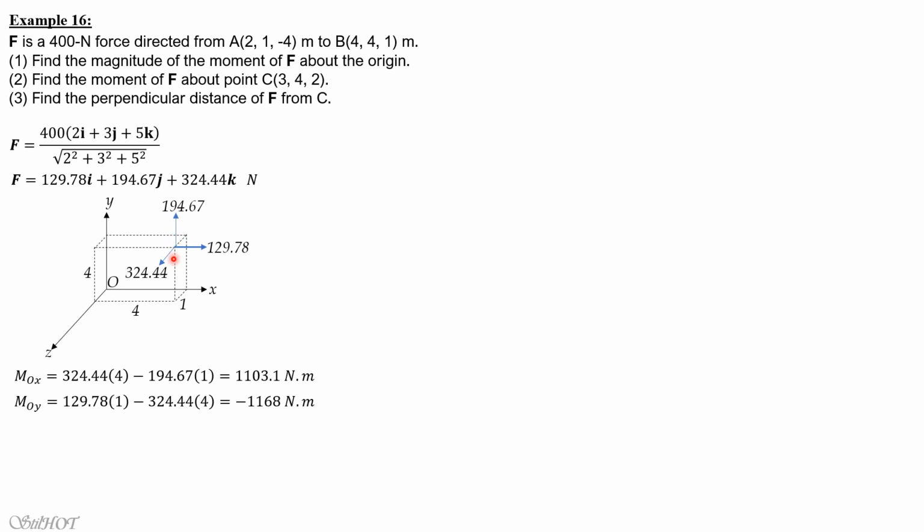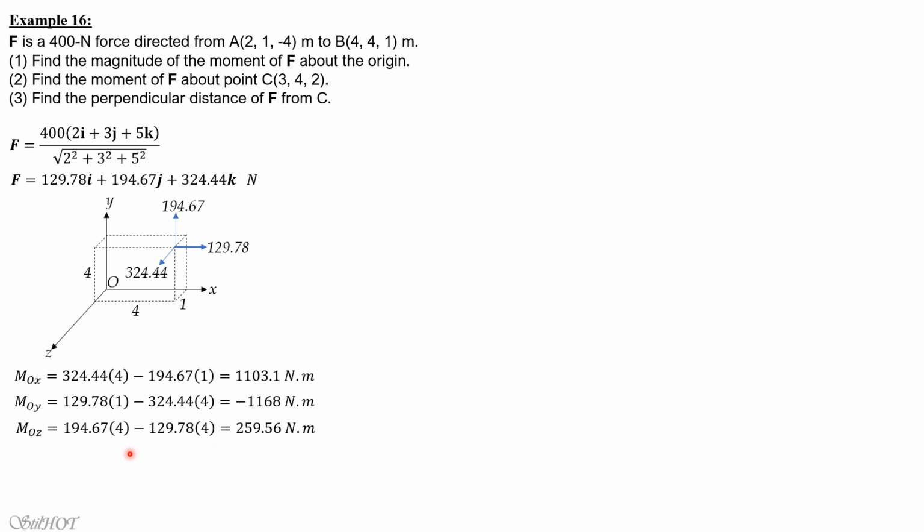Ignore the Z component; only X and Y components are considered. The Y component is positive, so 194.67 times 4 is positive, while 129.78 times 4 is negative. So MOZ is 194.67 times 4 minus 129.78 times 4, which is positive 259.56 Newton meter.